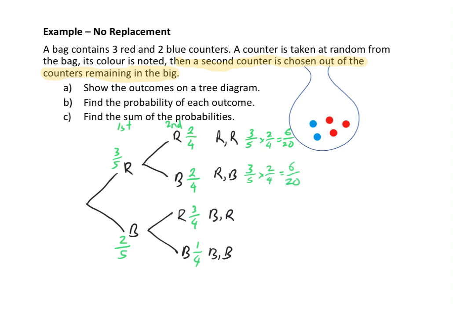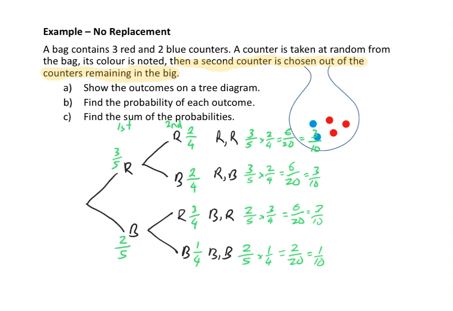Probability of getting a blue and a red is 2 over 5 times 3 over 4, which equals 6 over 20. And the probability of getting 2 blues is going to be 2 over 5 times 1 over 4, which is going to be 2 out of 20. Now, each of those probabilities can be simplified. So 3 over 10, 3 over 10, 3 over 10, and 1 over 10.